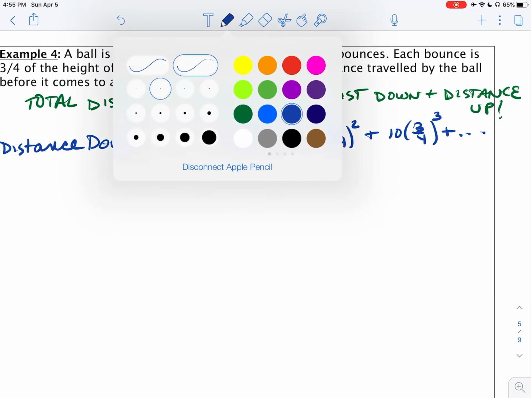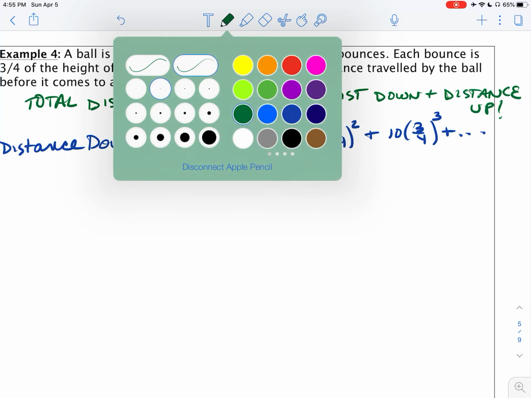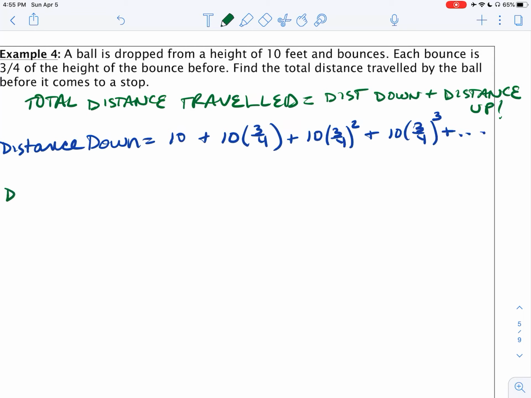But what is distance up? Well, remember, it was dropped from 10 feet, but it never went up 10 feet, right? So the distance up is not going to have the 10 portion. So we would just have 10 times 3/4. That's the first distance that it goes up. And then it's going to go down that 10 times 3/4 distance, but it's only going to go back up 3/4 of that.